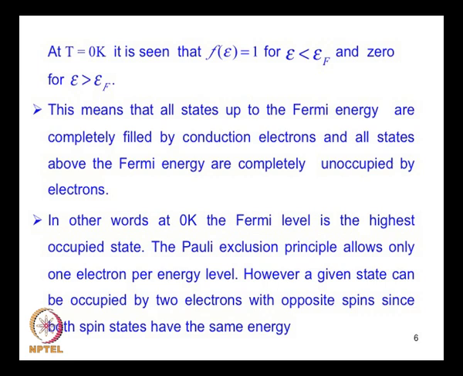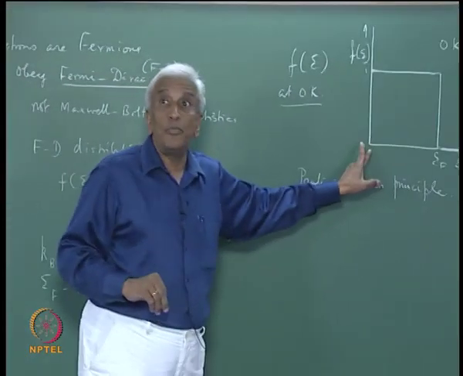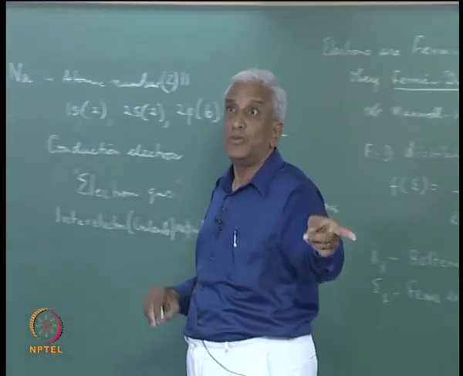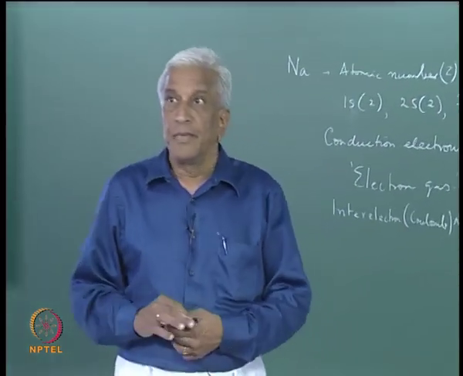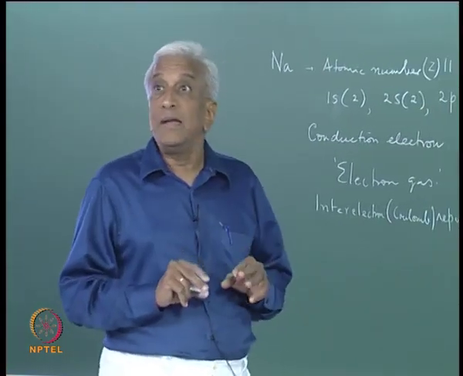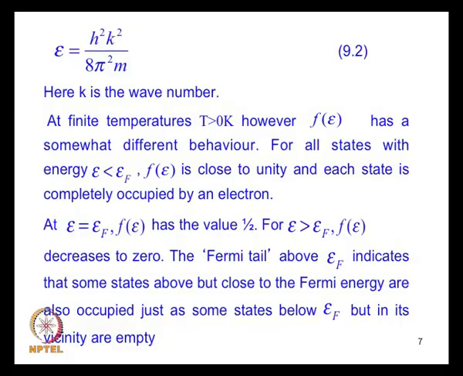Therefore, these two electrons with opposite spins both have the same energy, and so each of these states can be occupied by two electrons with opposite spins without violating the Pauli principle. We will remember this.